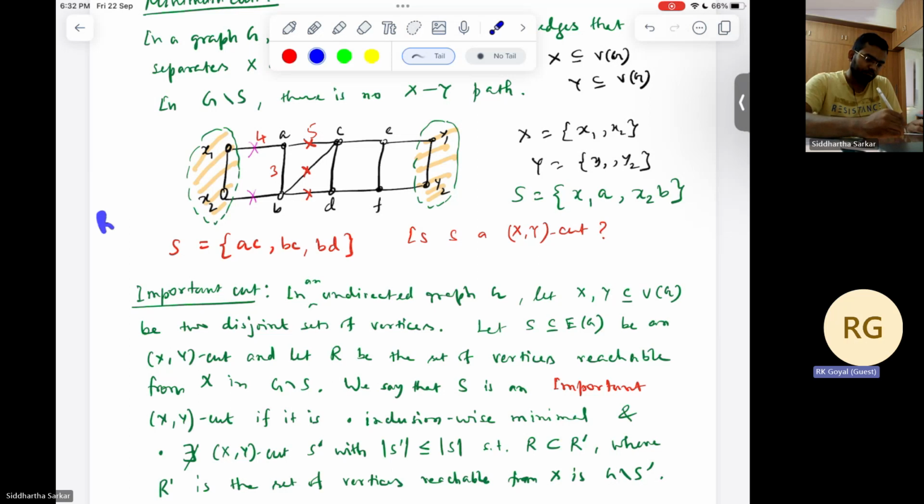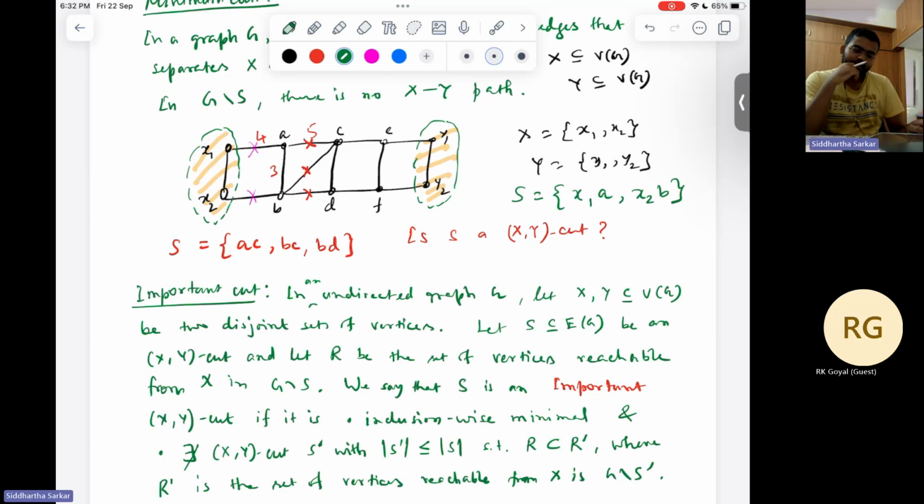So it shows that in every case, R will comprise only the vertices of the set X, and no vertex of the set Y will participate in the set R. That may or may not be true, but let us see.